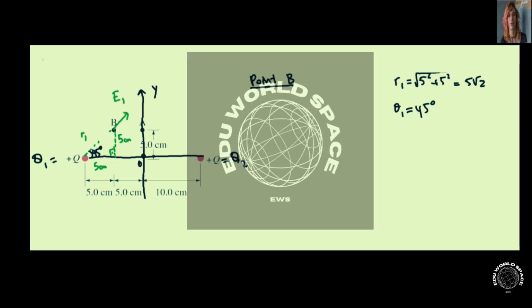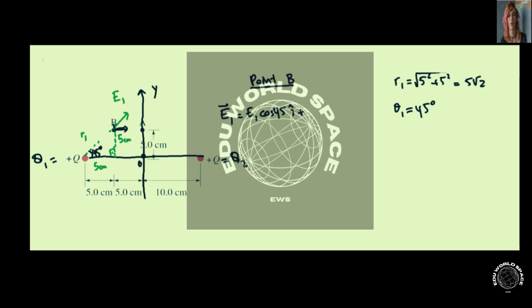How can we write this E1 vector? The x component of this E1 vector is going to be E1 times cosine 45, in the i hat direction.